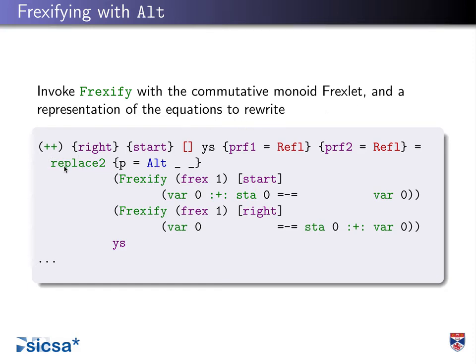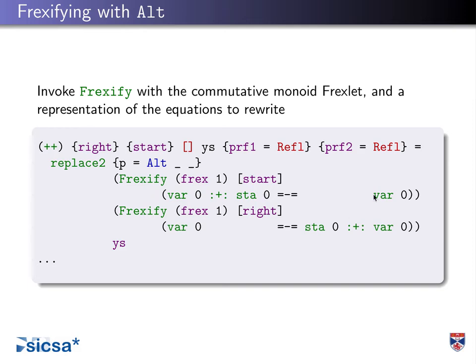So replace to, this is a helper function that says where to invoke Frexify. Because alt has two indices, we're interested in doing replacements in both of them, the start parity and the end parity. So we're going to apply Frexify for both of the indices. Here we're saying what the equations are that we want to rewrite, so what the target of the rewriting is.